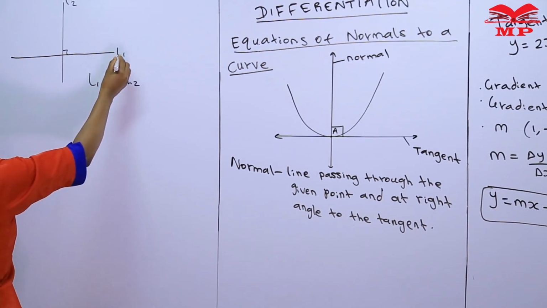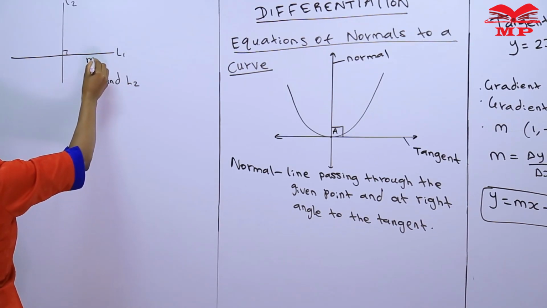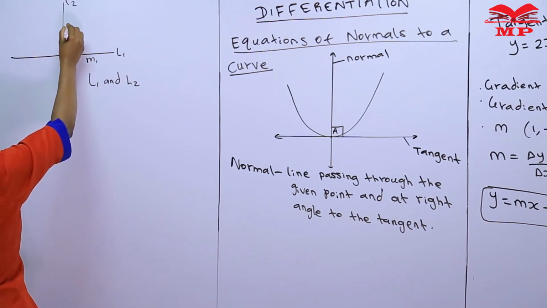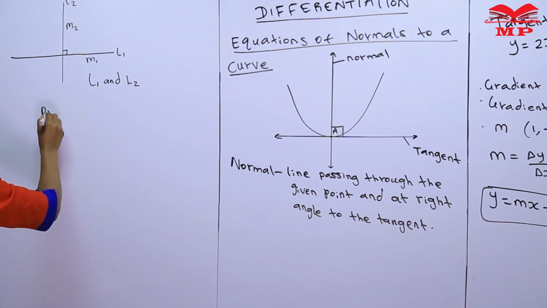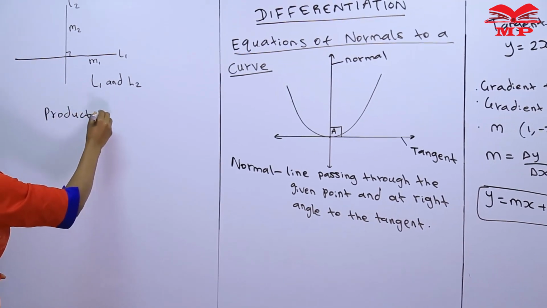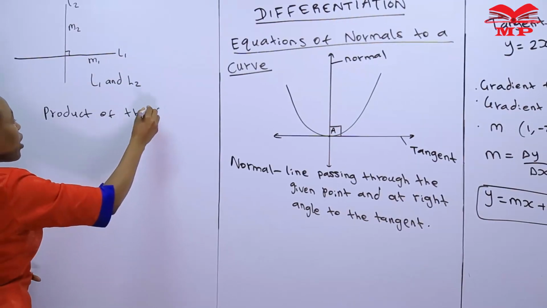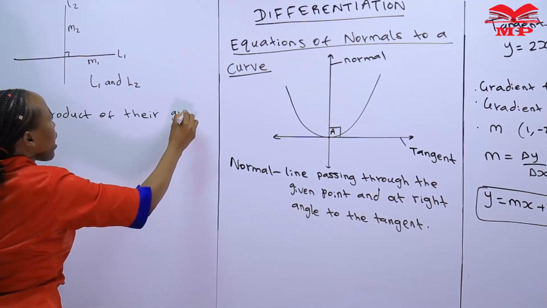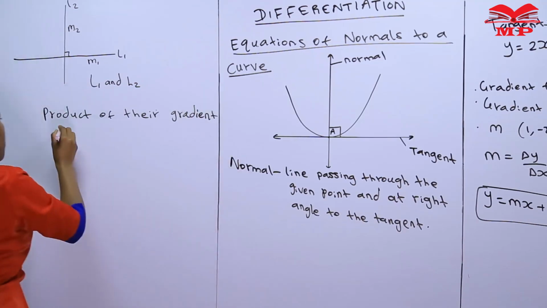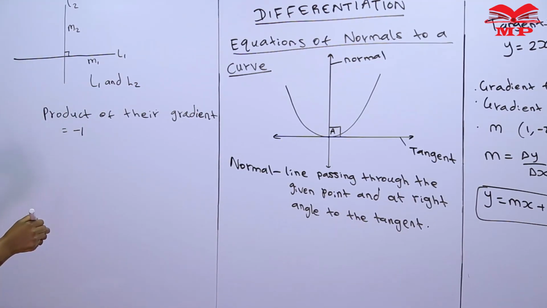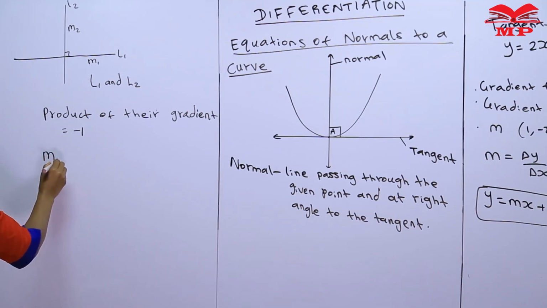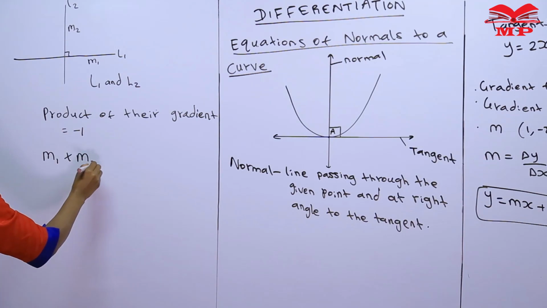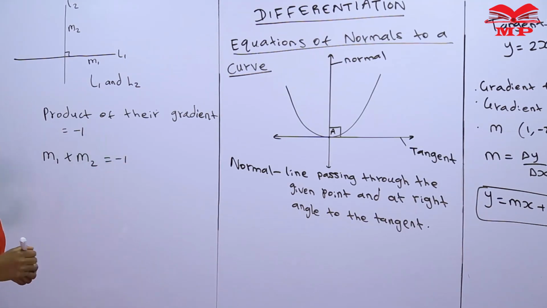If we have the gradient of line 1 as M1 and the gradient of line 2 as M2, we realize that in the equations of a straight line, the product of the gradients should be equal to -1. That is for perpendicular lines. So M1 multiplied by M2 should be equal to -1.